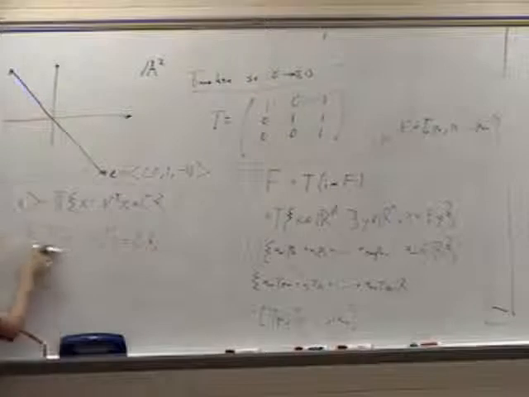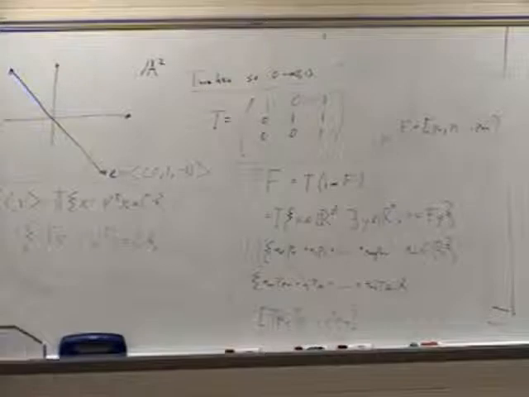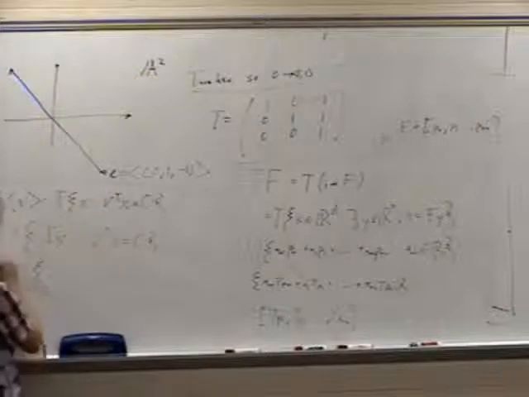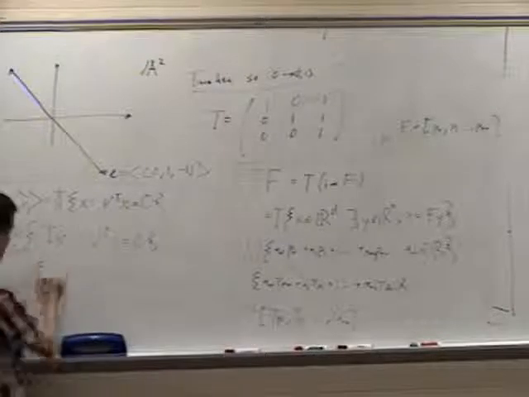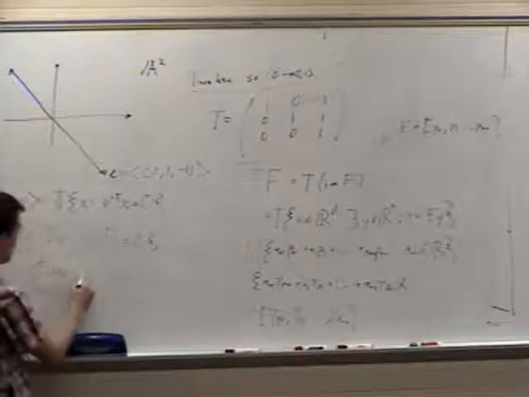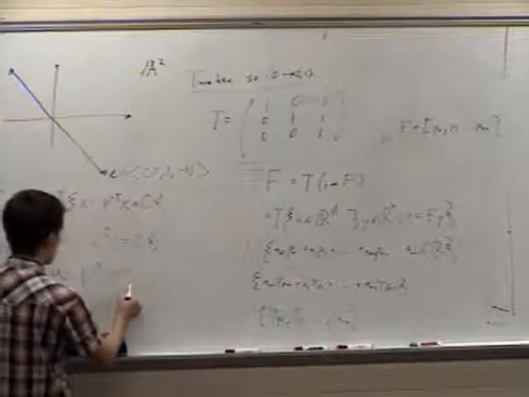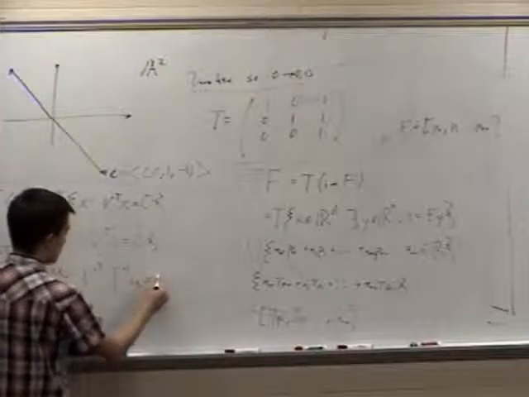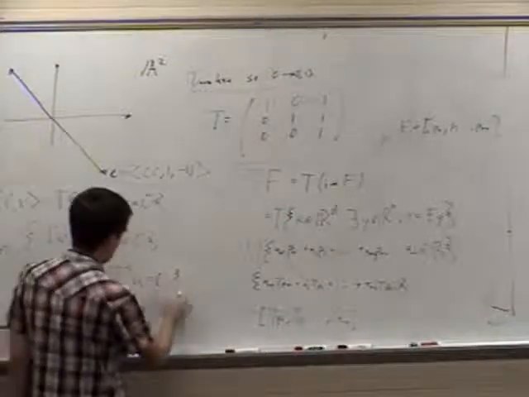But this is T applied to x, not applied to v. So I want to move the T in there, so I can use the fact that T is invertible to apply a change of coordinates and replace this with a new variable. Let's do a substitution where we'll say u is equal to T inverse x. Then I'm going to get the collection of all u such that we have v transpose T inverse u equals 0. Actually, it should be u equals Tx, not u equals T inverse x.